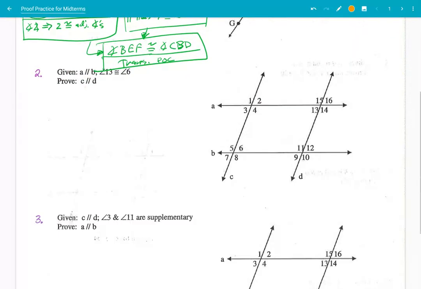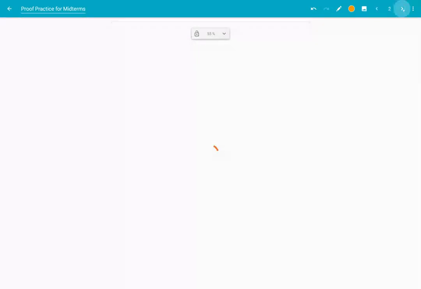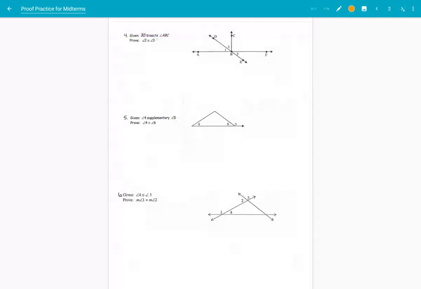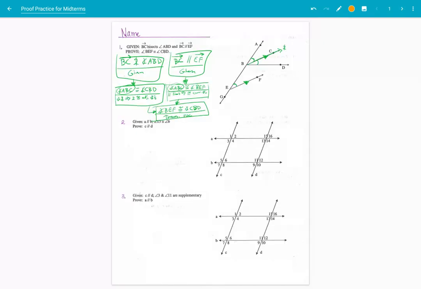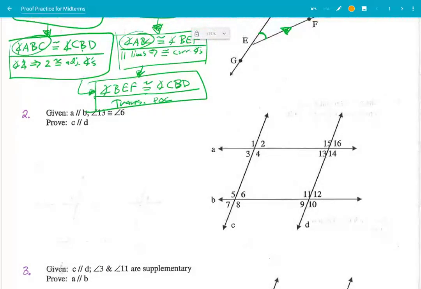Let's do number two. I'll do a page at a time for videos. Given A is parallel to B, and angle 13 is congruent to angle 6.